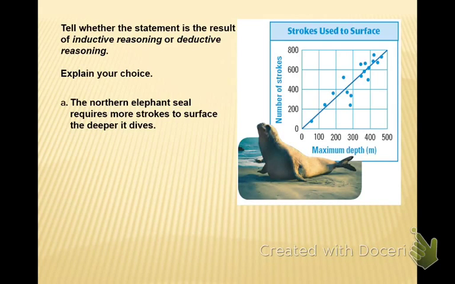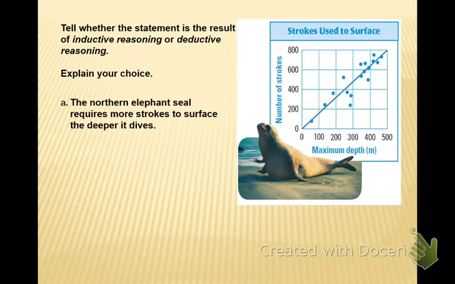So what do we see? What's happening here with the graph? What's it showing? Right. The deeper it goes, the more strokes it does. Yeah, we're seeing a trend here. In other words, we're actually observing a pattern. Less strokes, less depth. More depth, more strokes. And so we have an upward trend of the strokes along with the depth.